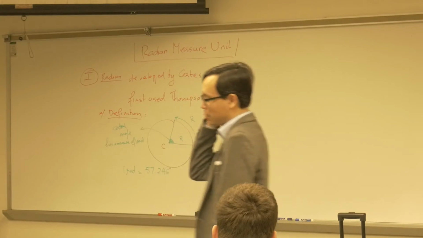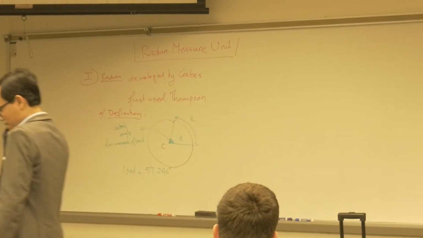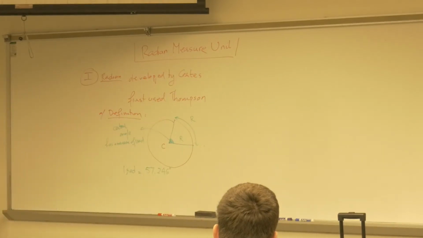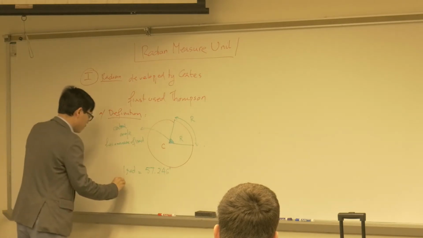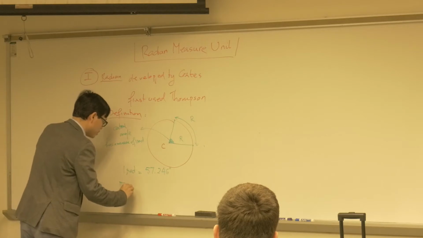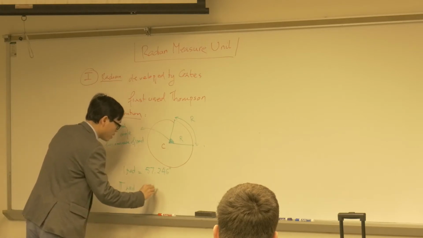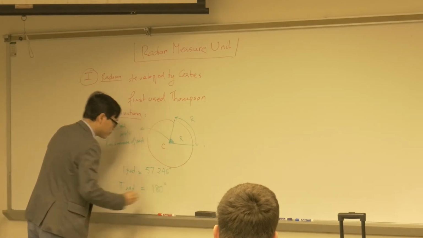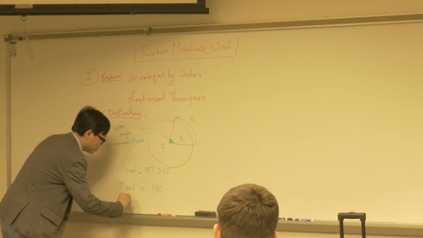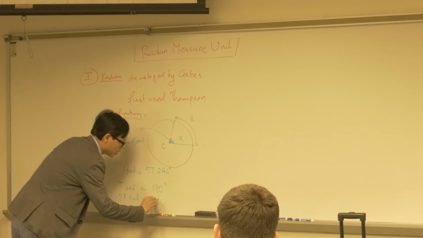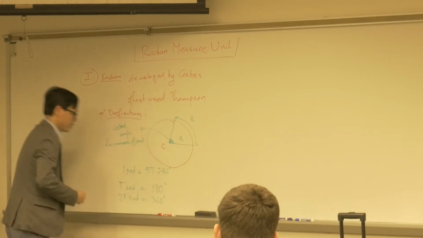Another relation between degree and radian is that pi radians is equal to 180 degrees, and 2 pi radians is equal to 360 degrees.